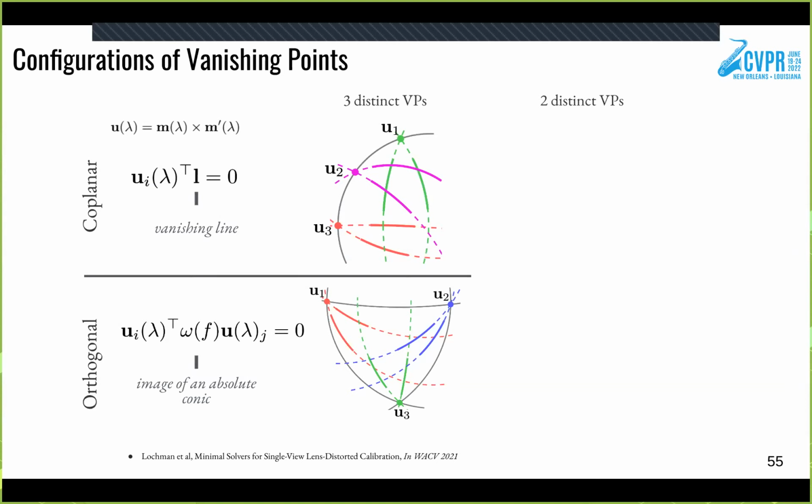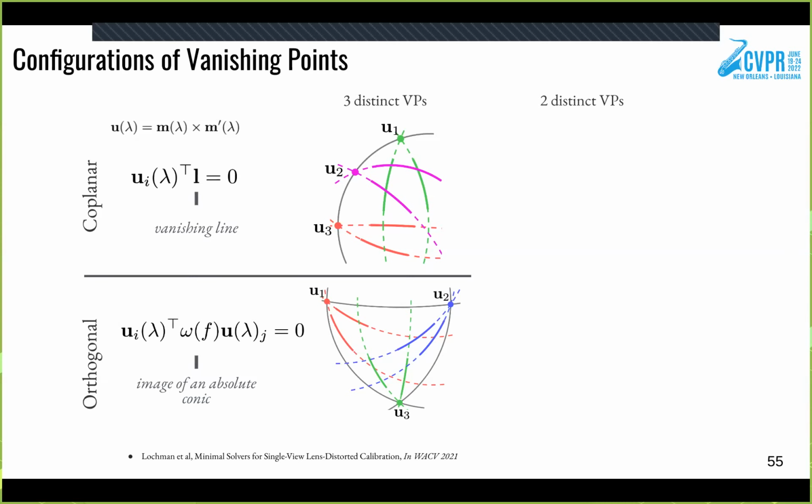Well, there are two cases, if we don't know this a priori. Again, we're looking at the configuration of the image vanishing points. In the image, there may be 3 distinct vanishing points that you can measure. So I'm showing those constraints there. We have 2 sets of unknowns based on the scene configuration on 2 axes.